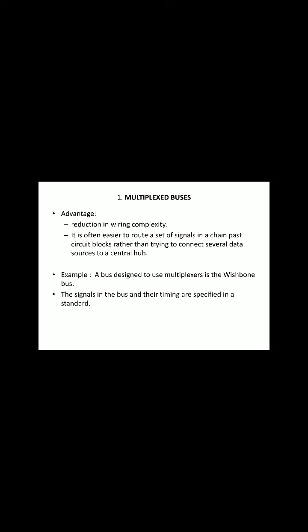Okay, a particular type of multiplex bus is the wishbone bus. Wishbone bus is an example of a multiplexed bus. This bus was used in our previous lecture. We used one GUMNet core processor, and in that processor they are using the wishbone bus as a multiplexed parallel bus.